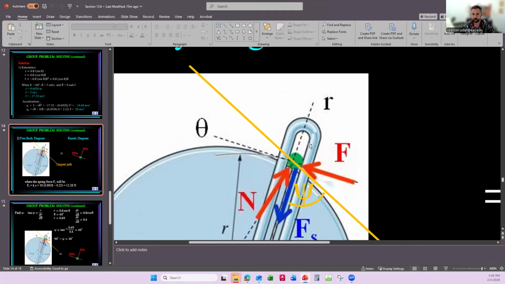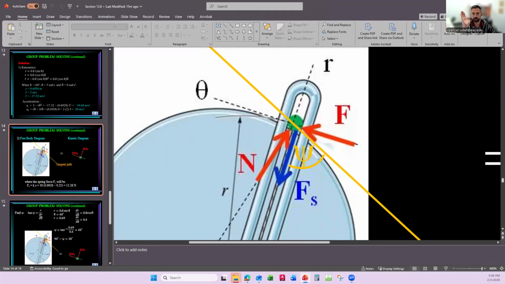That one can only push with a force perpendicular to itself. As it goes around, that's always going to be perpendicular to the arm. So we can draw that force perpendicular to the arm, which, if it's perpendicular to the r-axis, puts the force of the arm, F, squarely in the theta axis. So those are nice and clean.